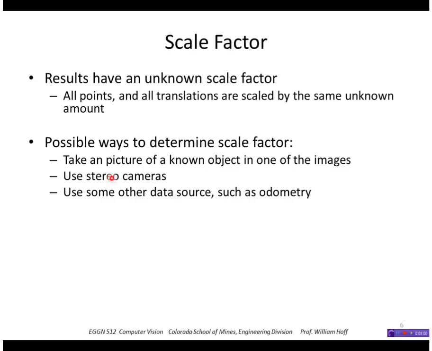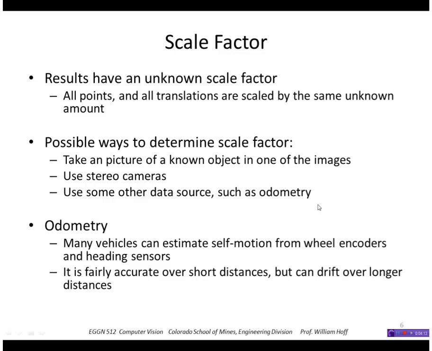We could use stereo cameras with a known baseline that would triangulate a point and get its absolute position. Or we can use some other data source such as odometry. By odometry, I mean sensors that can estimate self-motion, usually from things like wheel encoders or heading sensors. This is fairly accurate over short distances, but can drift over longer distances. But it is a source of unambiguous scale.